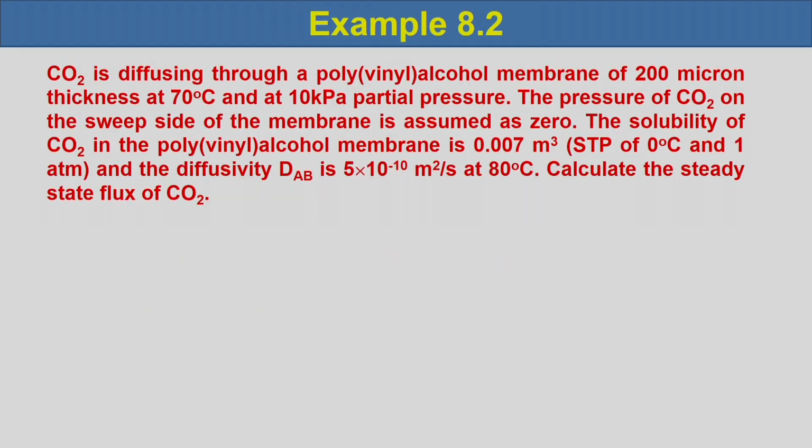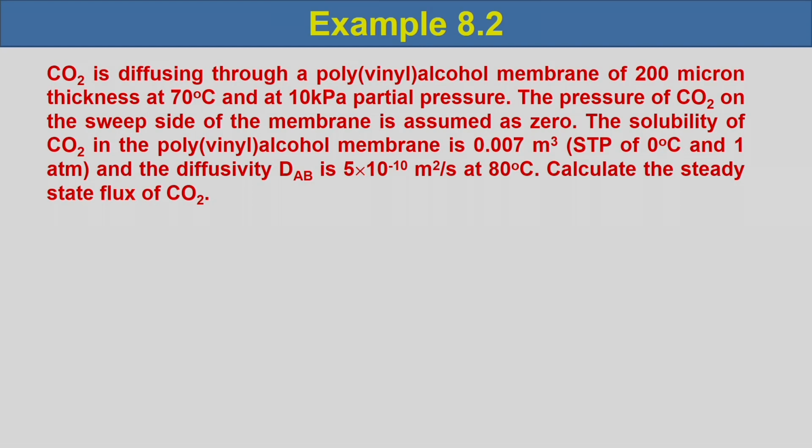Now, let us consider another example. Carbon dioxide is diffusing through a polyvinyl alcohol membrane of 200 micron thickness at 70 degree centigrade and at 10 kilopascal partial pressure. The pressure of carbon dioxide on the sweep side of the membrane is assumed as 0.